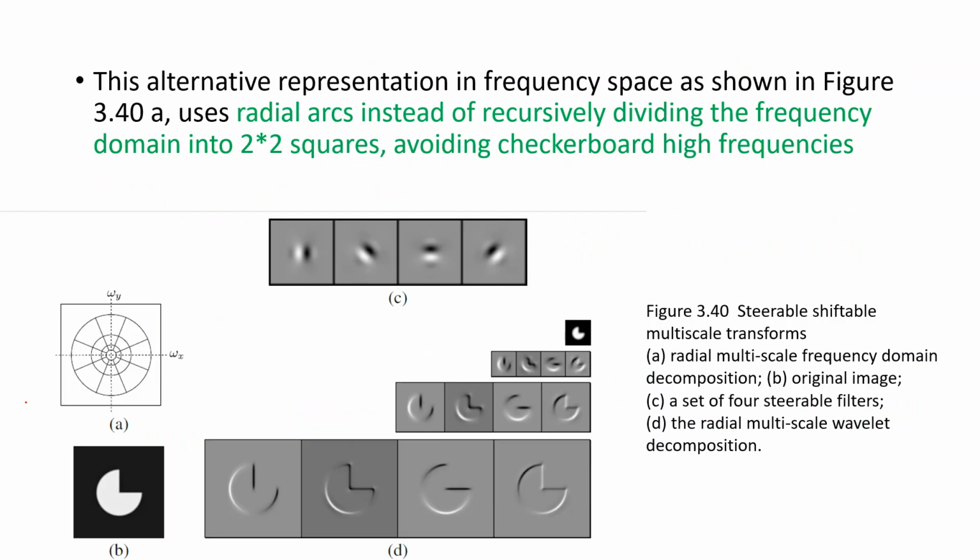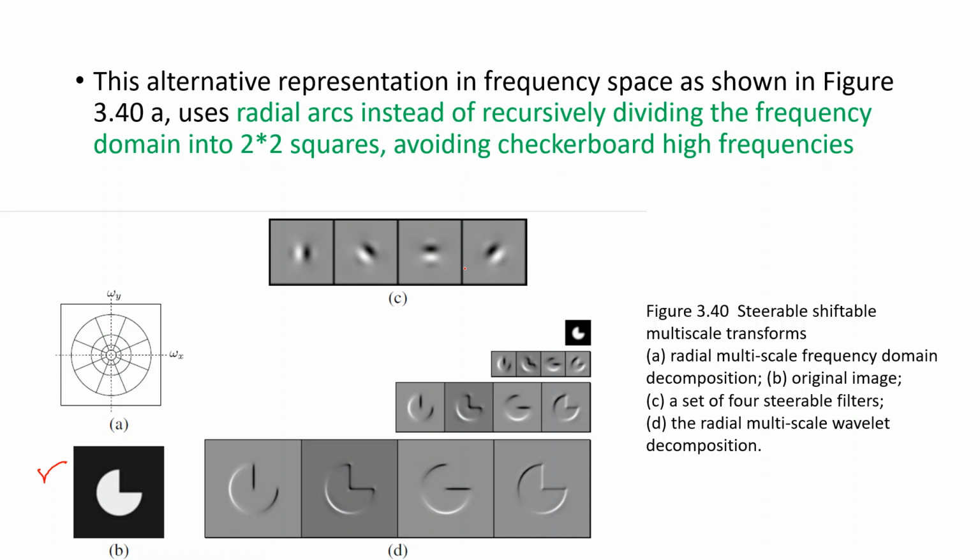So here we have four images. B represents the original image. A represents the horizontal, vertical, and orientation split possibility of the input image. And C represents the four steerable filters applied on image B. What it means is each one is sensitive to edges, but in a different direction.